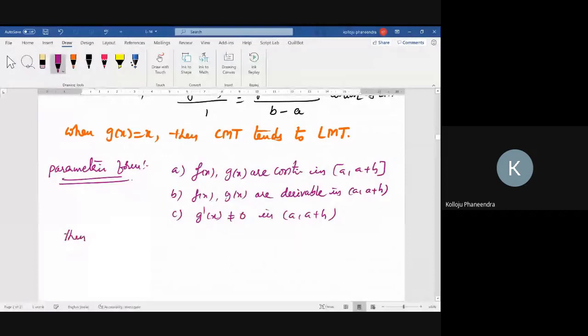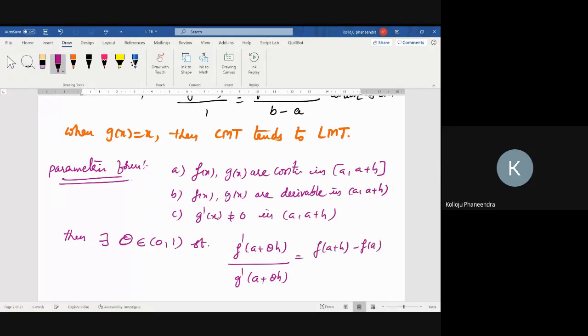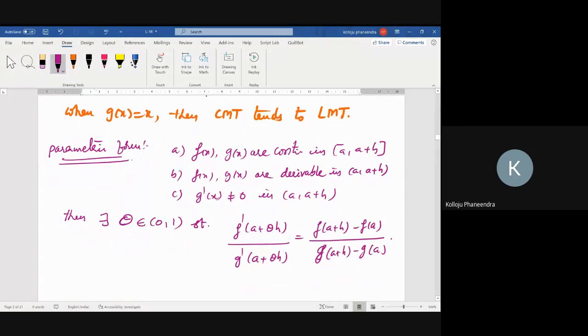Then there exists C, in parametric form theta, where theta belongs to the interval 0, 1, such that f dash of a plus theta h by g dash of a plus theta h is equal to f of a plus h minus f of a whole by g of a plus h minus g of a. This is the Cauchy mean value theorem parametric form.